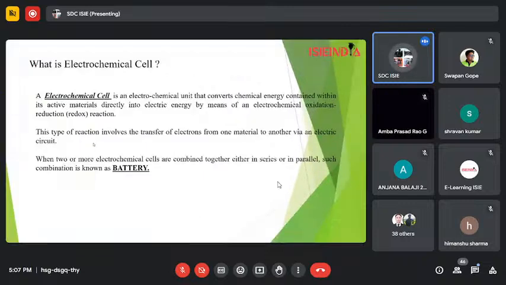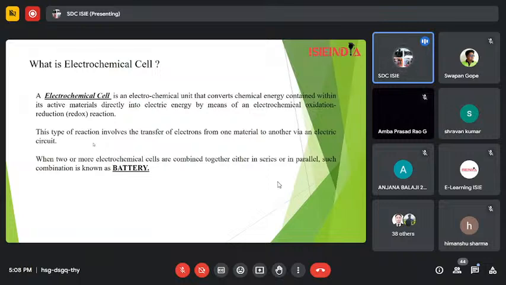So what is an electrochemical cell? An electrochemical cell is an electrochemical unit that converts chemical energy contained within its active material directly into electrical energy by means of electrochemical oxidation-reduction, also known as a redox reaction.